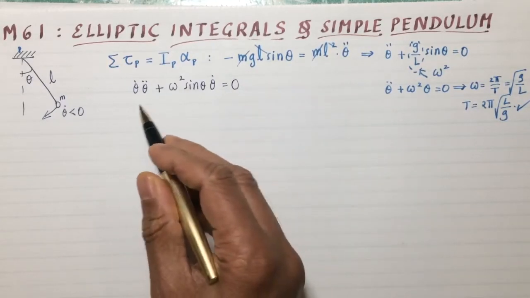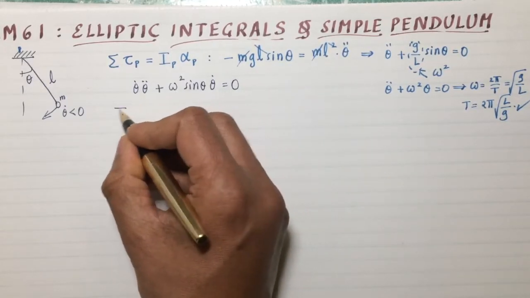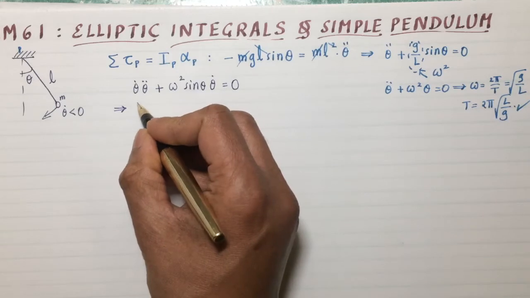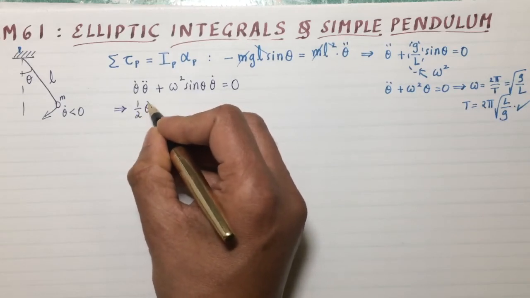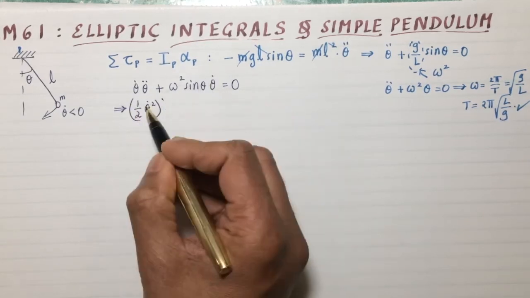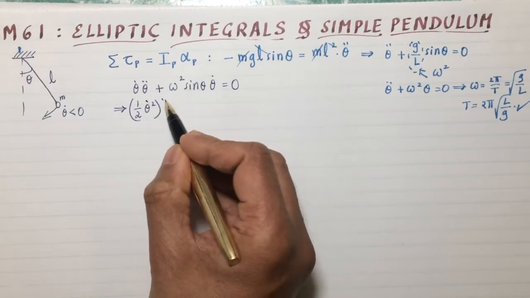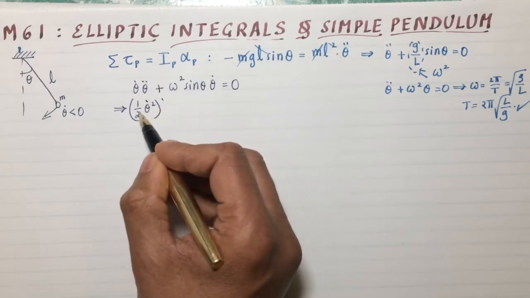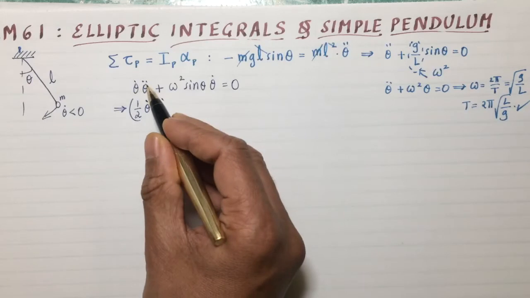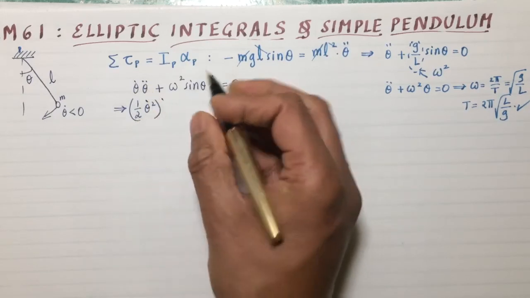Now if I integrate both sides, actually there's one more step I can write. I'll recognize that this is nothing other than the derivative of theta dot squared over 2, because the derivative of theta dot squared is 2 times theta dot times theta double dot. That 2 cancels with a 1/2.